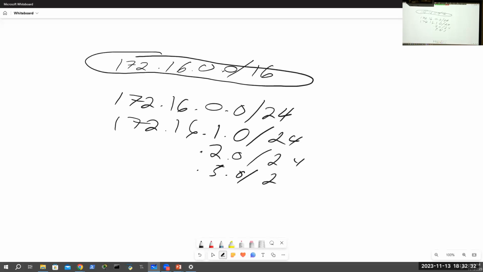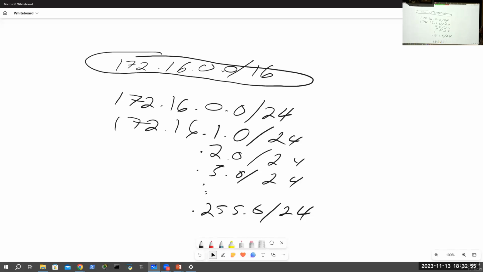All the way to what? 255. 172.16.255.0. So those are the 256 subnets from 0 to 255 that I can create by just taking that /16 and saying, all right, it's now a /24.